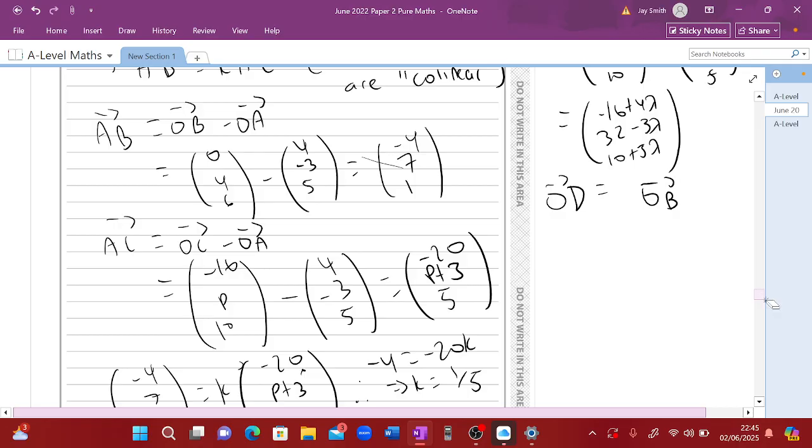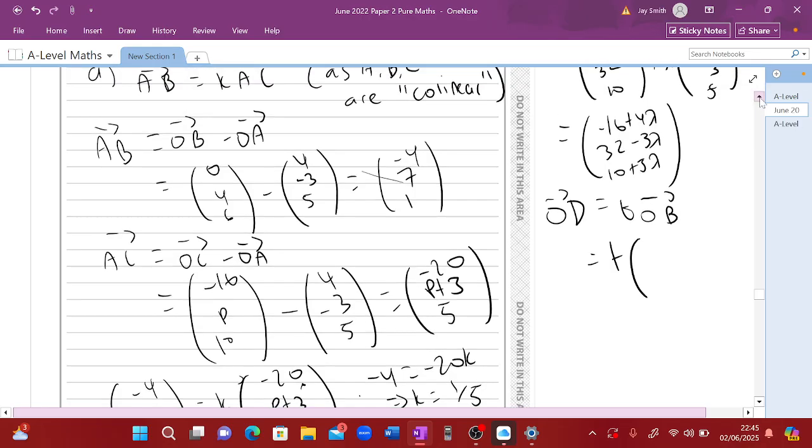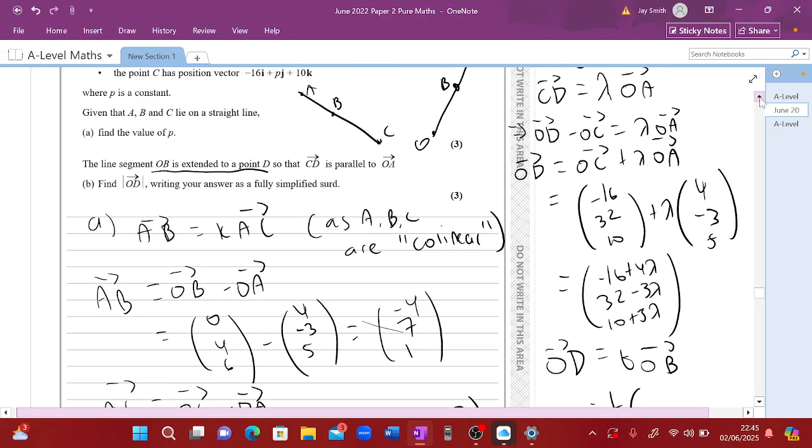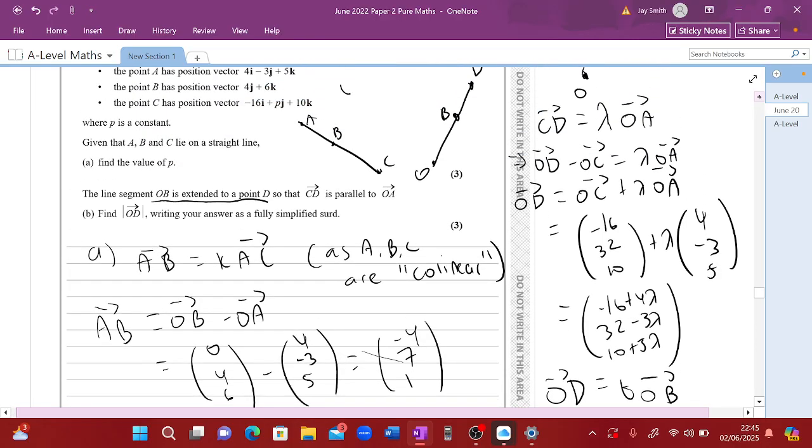I'm going to call that t, t of OB. So then that's going to be t lots of O to B, which is given to us in the question. The position vector of B is, by the way, O to B. O to A, you should remember, is the position vector of A, B, and C or whatever, which we're told.